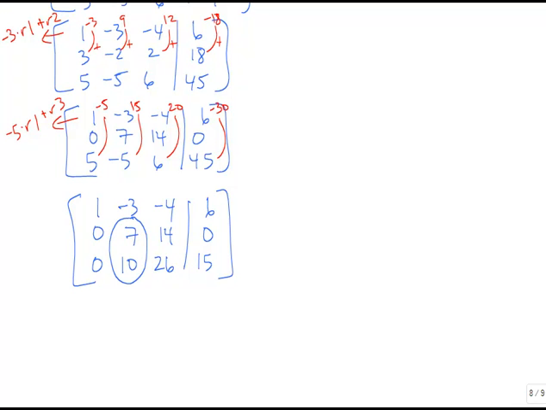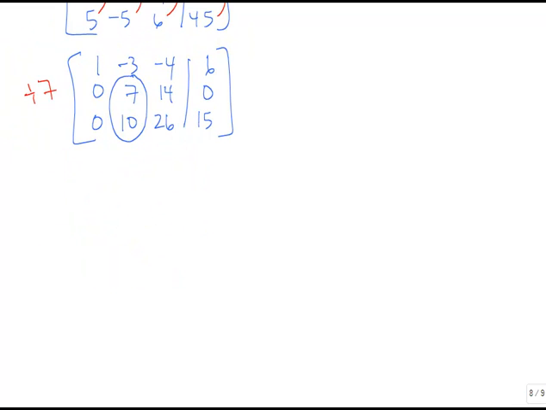So that means that entire row is divisible by 7. So let's go ahead and divide by 7. And that will magically give me that 1 that I'm looking for in the middle. So equation 1 stays the same, and our new middle row is 0, 1, 2, 0. The third row I'm going to leave the same.